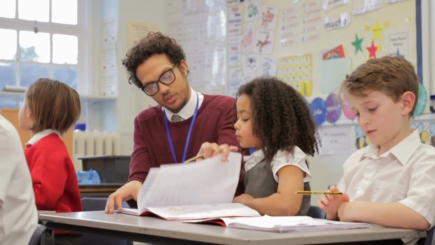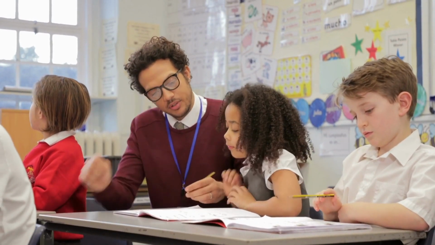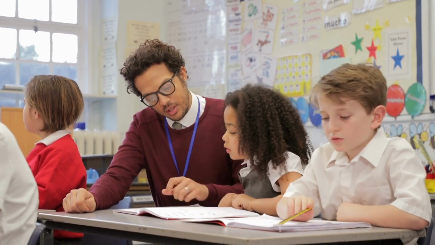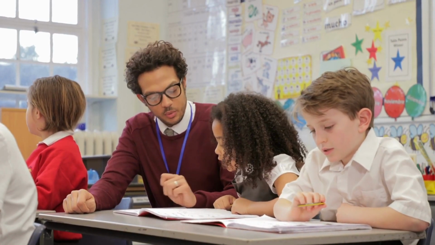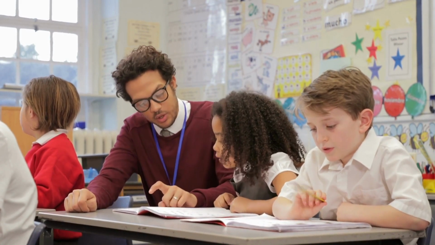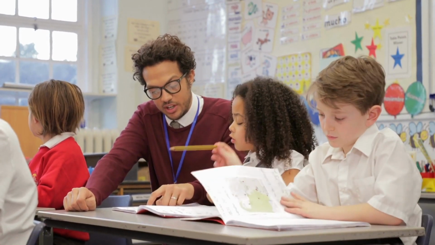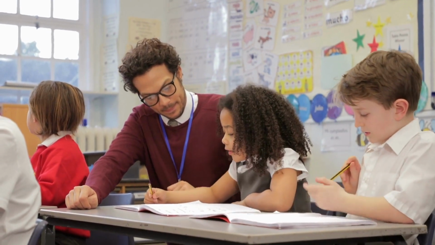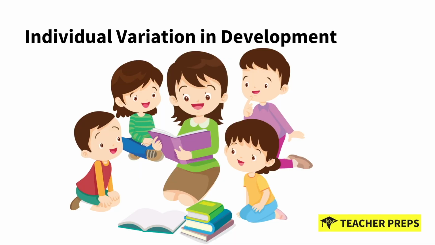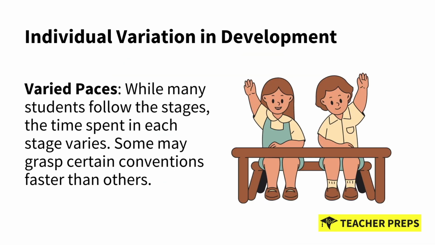Furthermore, note that our exam standard states that we must have an understanding about individual students and how their rates will vary in the development of these conventions. So let's cover that now. Individual variation in development. Remember these aspects for your exam. Varied paces. While many students follow the stages, the time spent in each stage varies.